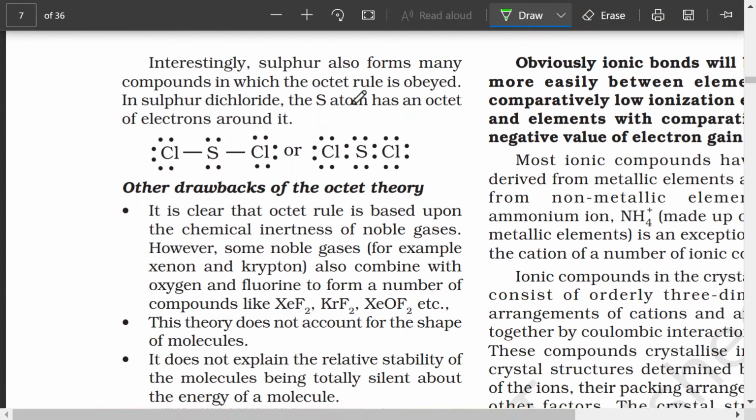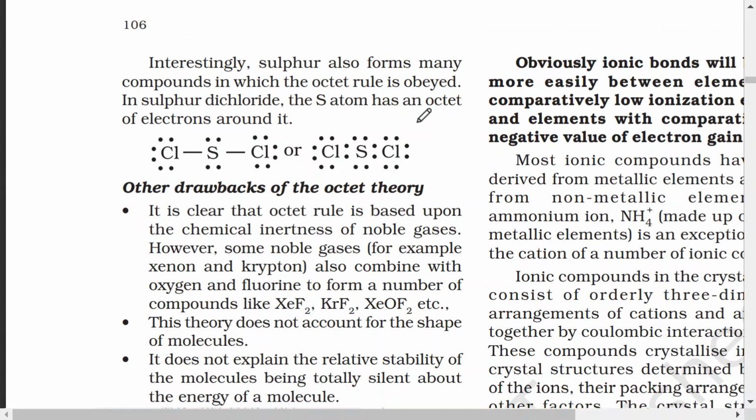Interestingly, sulfur also forms many compounds in which the octet rule is obeyed. In sulfur dichloride, the sulfur atom has an octet of electrons around it. Sulfur is generally known for not obeying the octet rule, right?